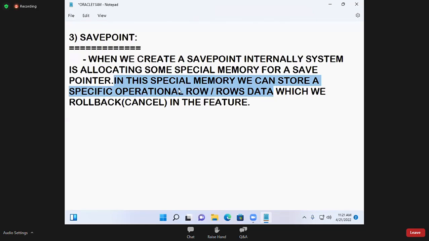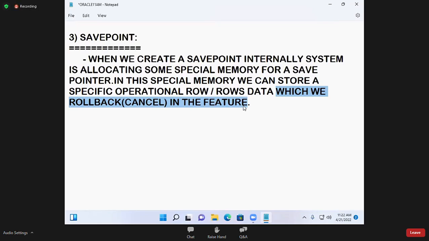For what purpose am I storing the transactional data in a special memory? So that I can roll back in the future. The rollback rows data I can save under one special memory.